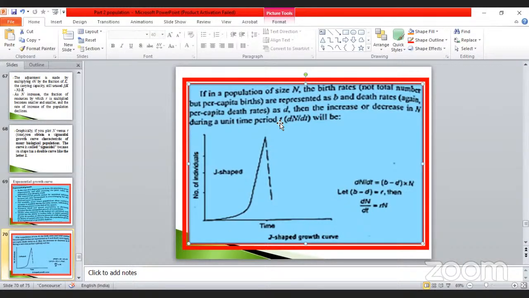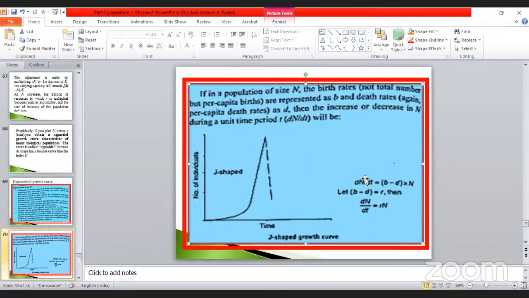Birth rate denoted as B, death rate denoted as D, and whether it is increasing or decreasing during the time period is dN divided by dt. See this J-shaped curve, we will obtain it. Okay.